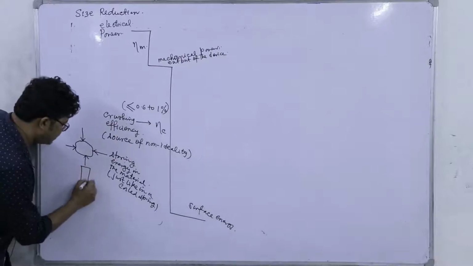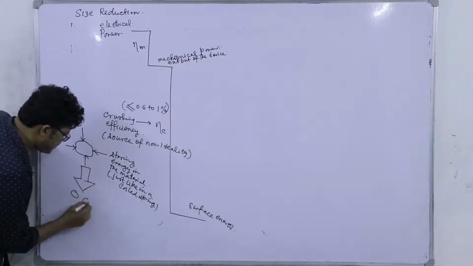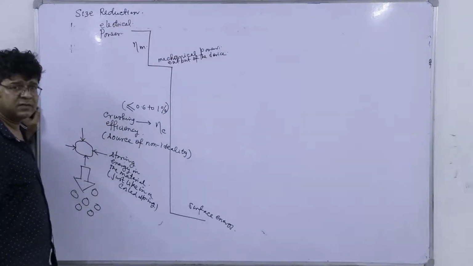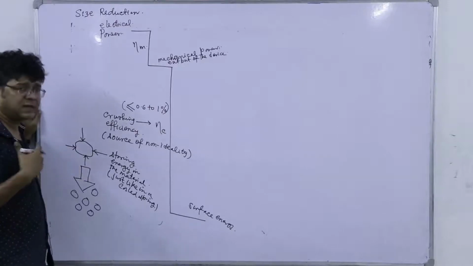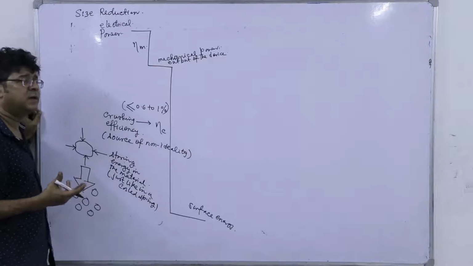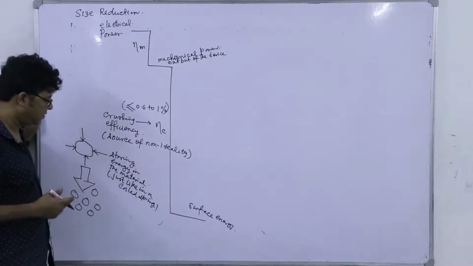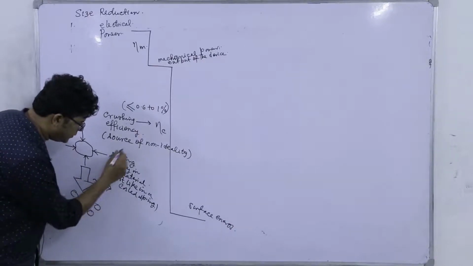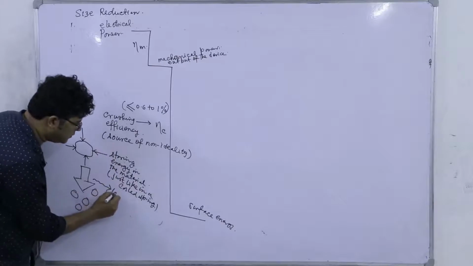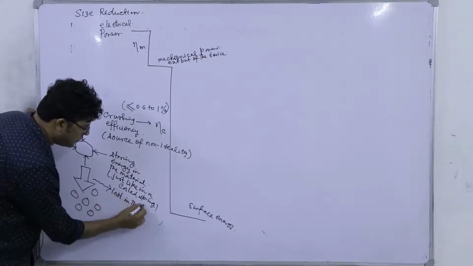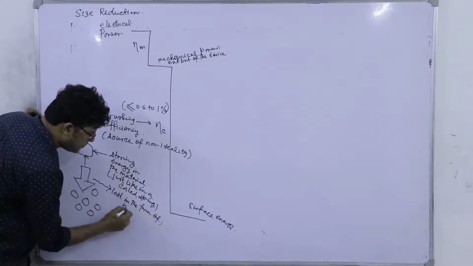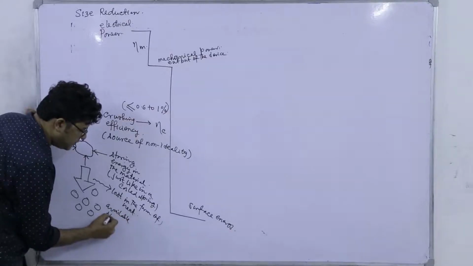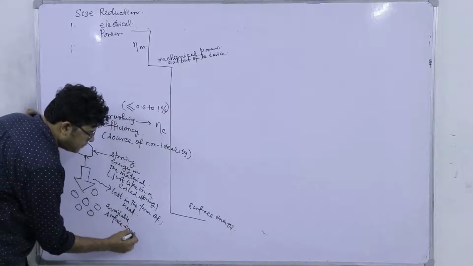And next, it breaks down into pieces, because it exceeds the ultimate strength. The stored energy basically exceeds the energy of the corresponding ultimate point, so it breaks into fragments. And whenever it breaks, mostly the energy stored in the previous stage is lost in the form of heat, leaving only the available surface energy, right.